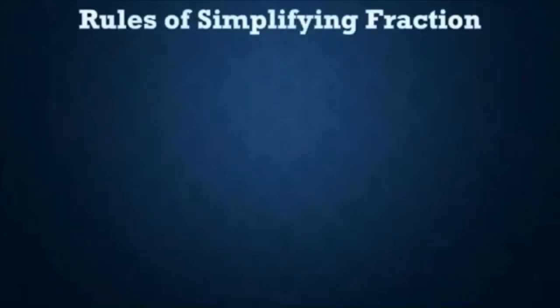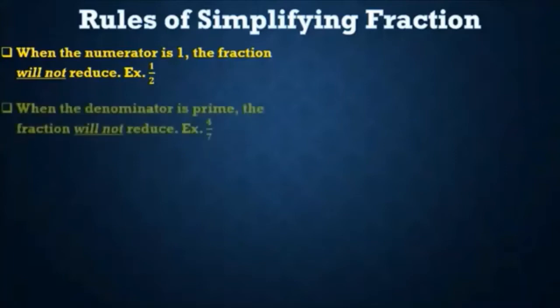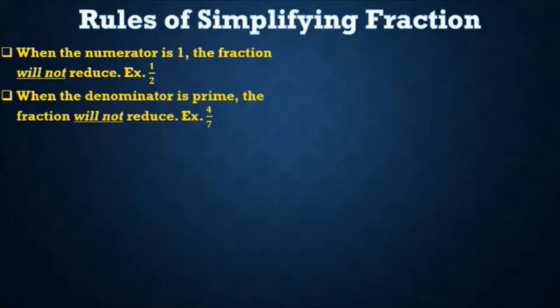What are the rules of simplifying fractions? When the numerator is 1, the fraction will never reduce. For example, the fraction is 1 by 2. We cannot simplify 1 by 2. Our second rule is that when the denominator is a prime number, then the fraction is also not reduced.